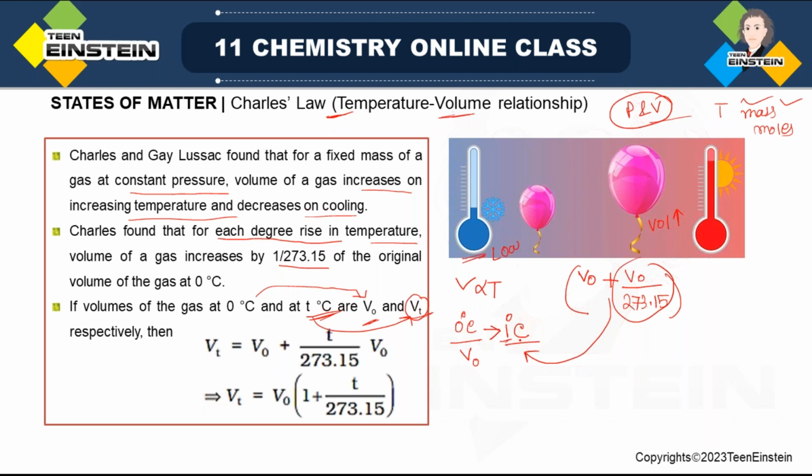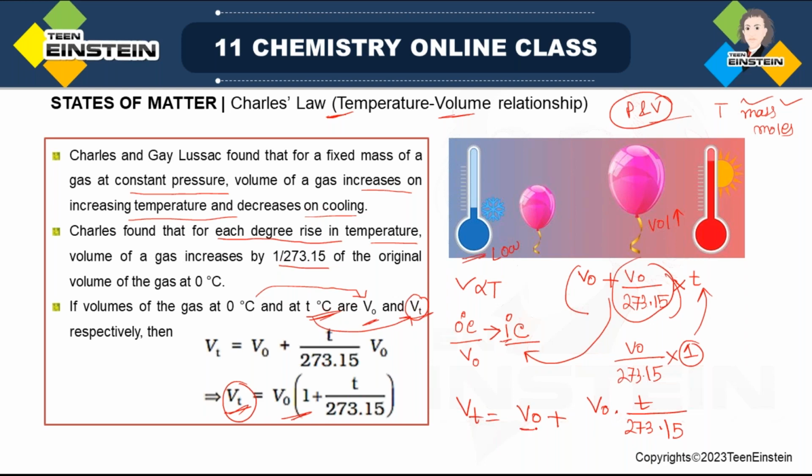Okay. So in that case, obviously, with this quantity there will be this temperature T. So when it is V0 divided by 273.15 into 1, but now in place of 1 we are changing it to any temperature T. So the new relationship, that is the volume at any temperature, small t degree centigrade, the volume Vt, you can express as V0 plus V0 into T divided by 273.15, or you can simply write 273 to simplify.